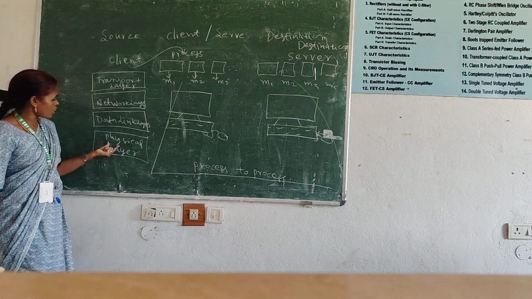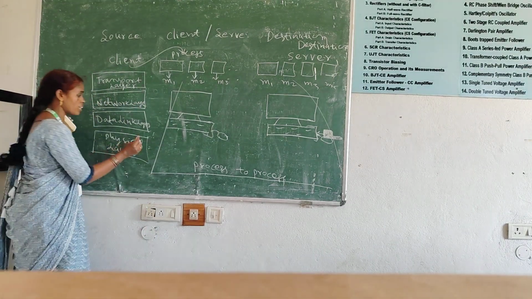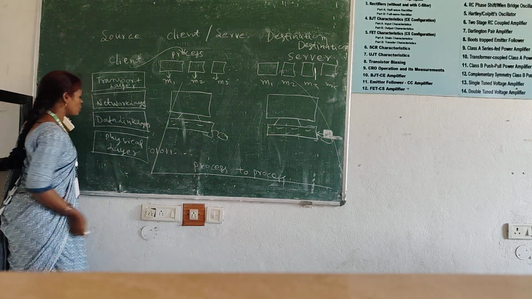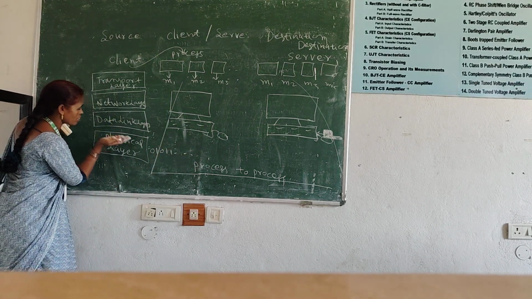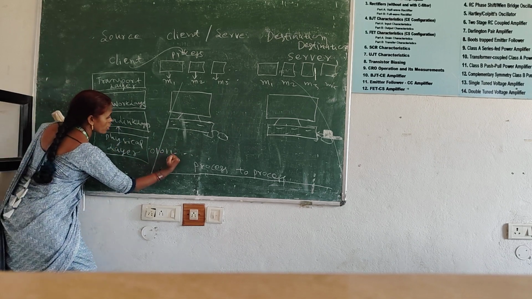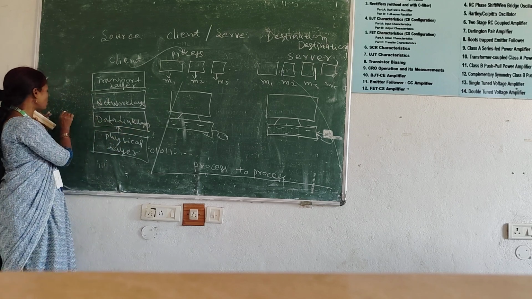Basically, in the physical layer, data is available in the form of bit streams like zeros and ones. This physical data is connected to the data link layer, and these bit streams are converted to the frame structure.